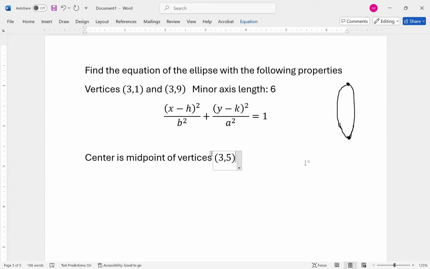That also means that the length from the center to one of the vertices is 4, or that the length of the major axis is 8. So that means a is 4 as well. And since the minor axis has length 6, that forces b to be 3.